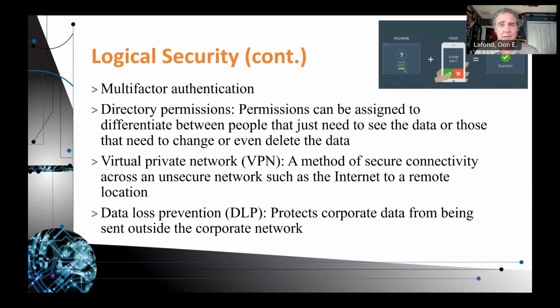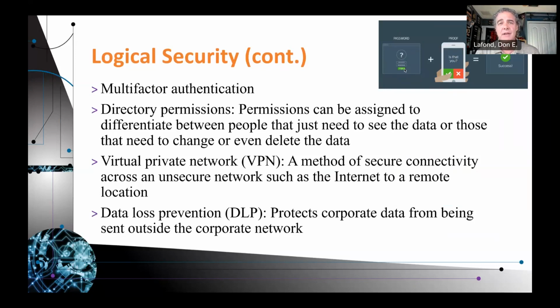Virtual private network, a method of secure connectivity across unsecure networks, such as the internet, to a remote location. You can have a VPN for an entire company that connects to an entirely different location for that company, and everything goes through the VPN to get to the other device.